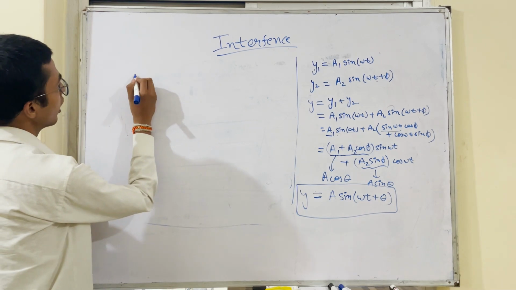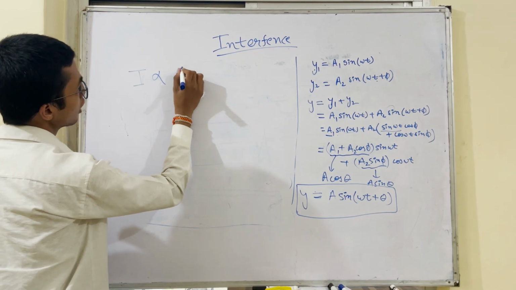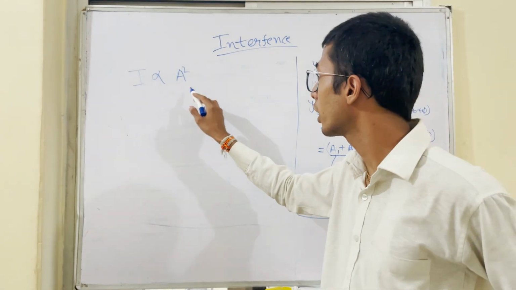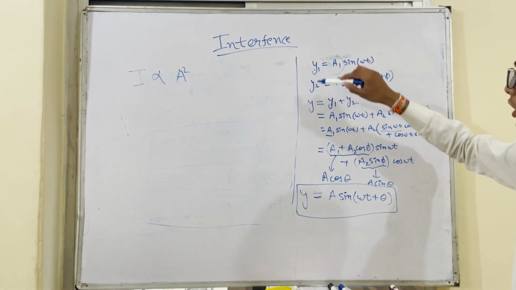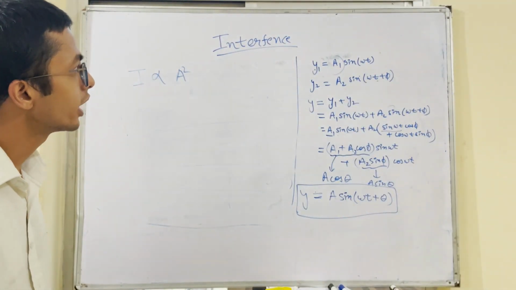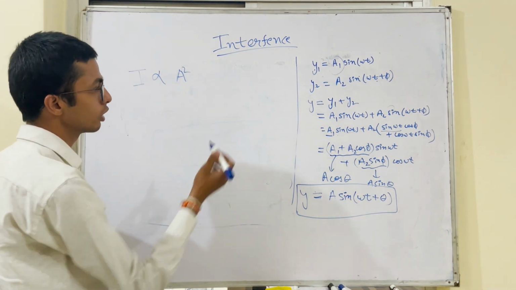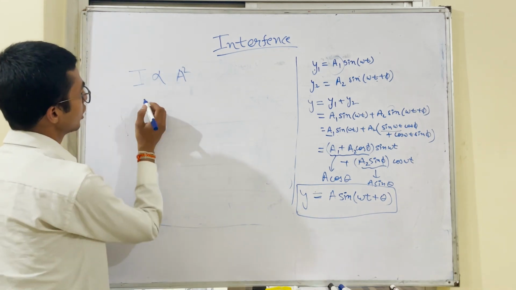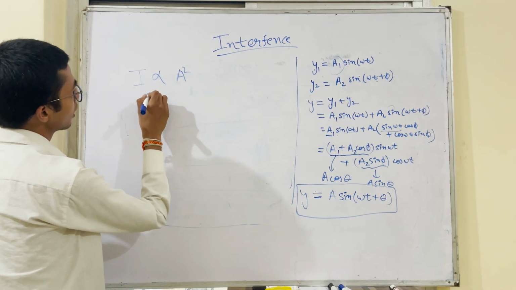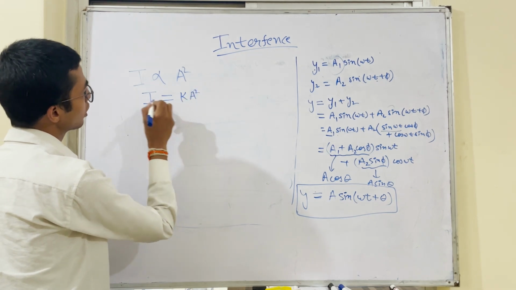Actually, the intensity is always directly proportional to the square of amplitude. Correct? Whatever is the amplitude of the wave, the square of that makes up the proportionality constant with intensity. So if I remove this proportionality, I can write I equals some constant k times A square.